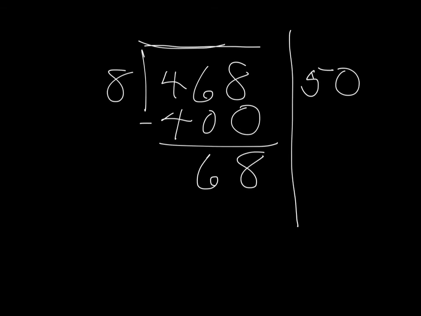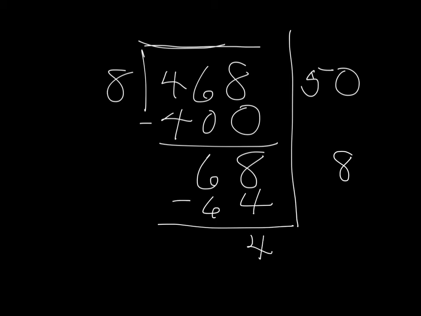In step 5, we have to think about the 8-fact family. And since nothing times 8 equals 68, we have to think what would work with that and be the closest to 68. Of course, 8 times 8 equals 64. So that's going to work out nicely. And we put the 8 to the side and go ahead and subtract.